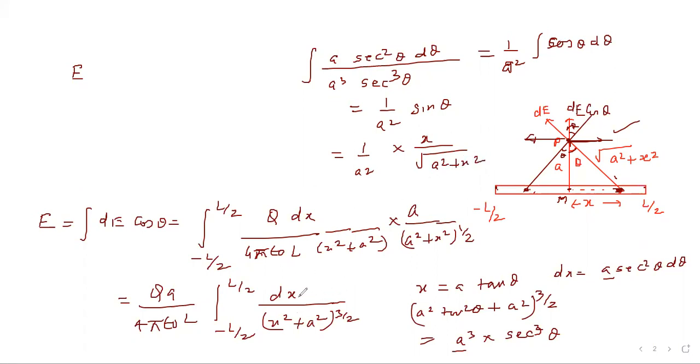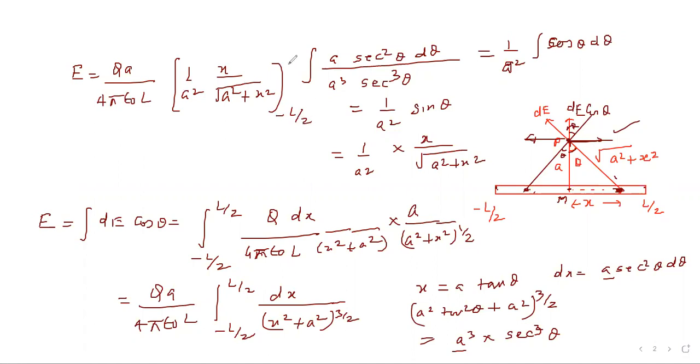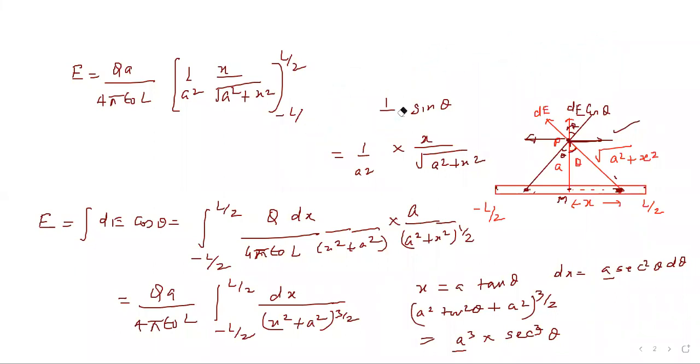So the electric field will be equal to Q a divided by 4 pi epsilon naught L, times 1 upon a square times x upon root of a square plus x square, with limits minus L by 2 to plus L by 2. Now we put these limits and check what we get.